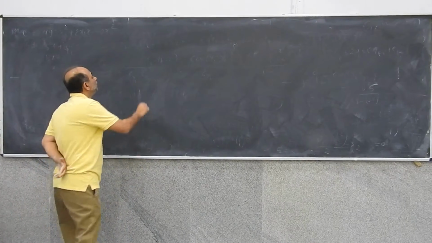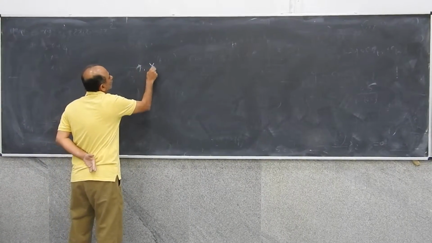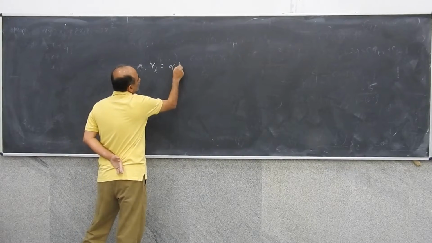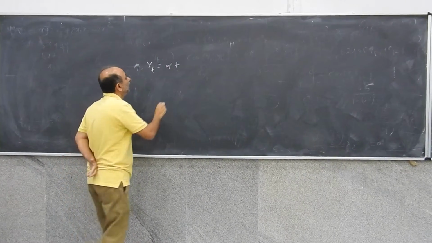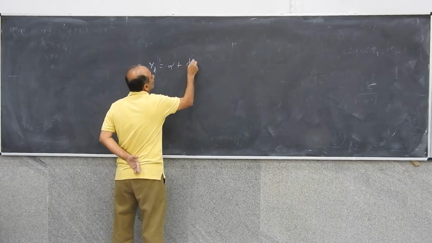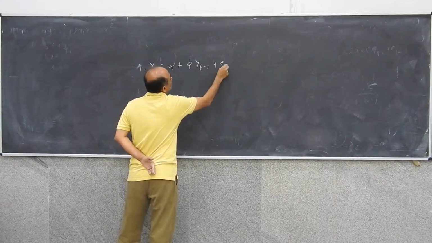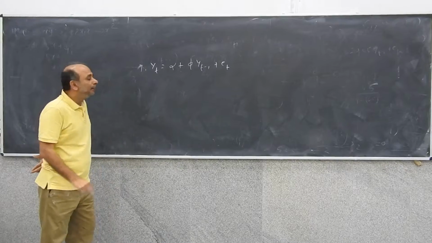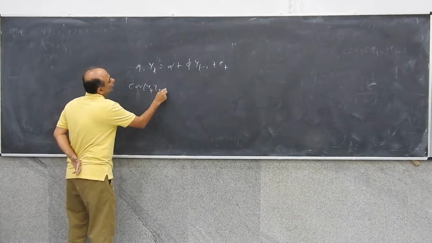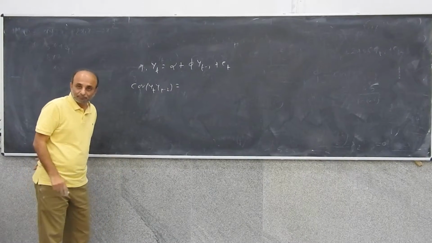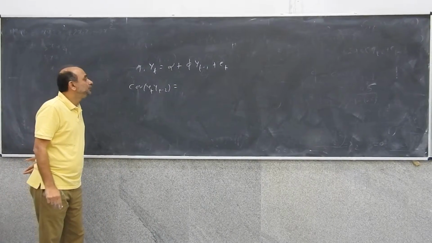That is the autocovariance of order 2. Your model is yt equals alpha plus phi yt minus 1 plus et.